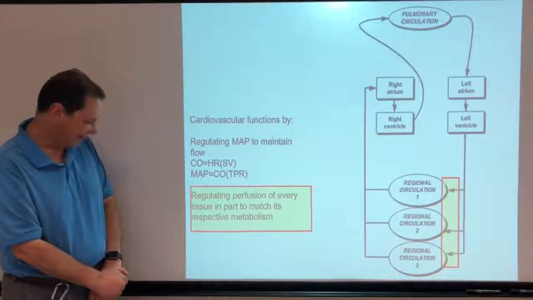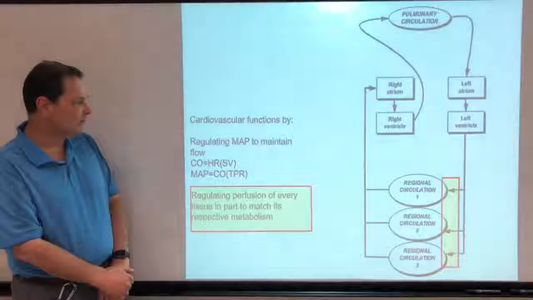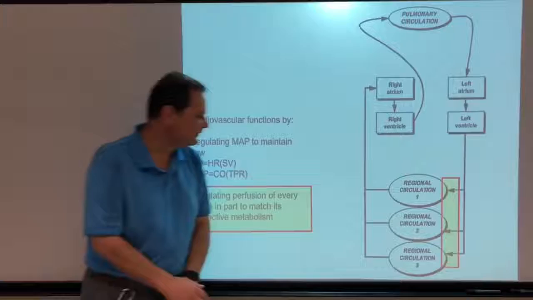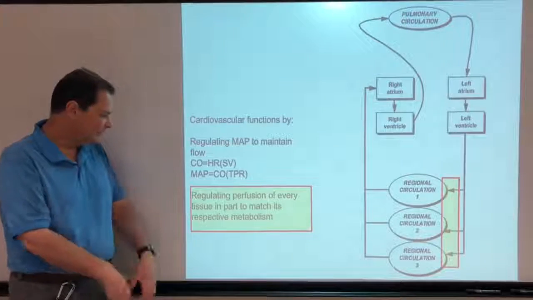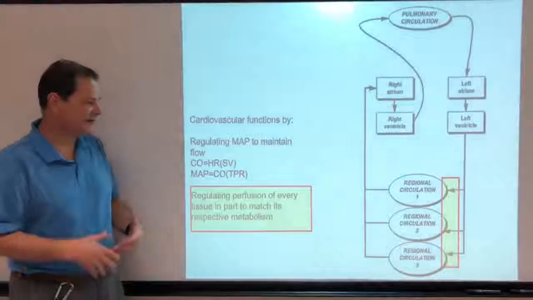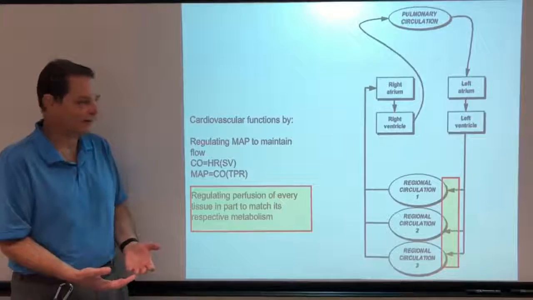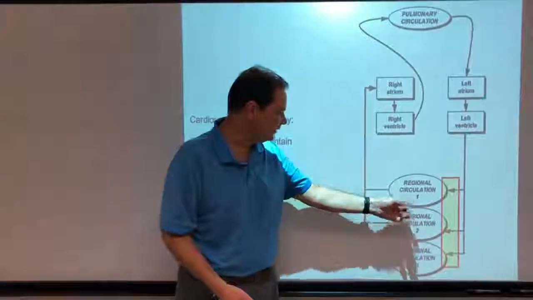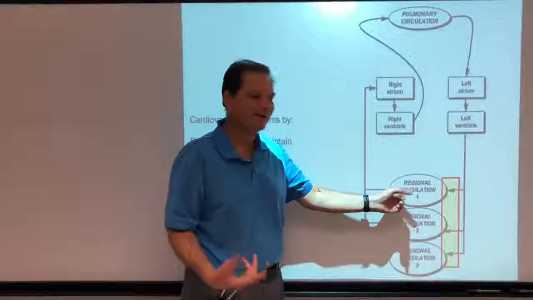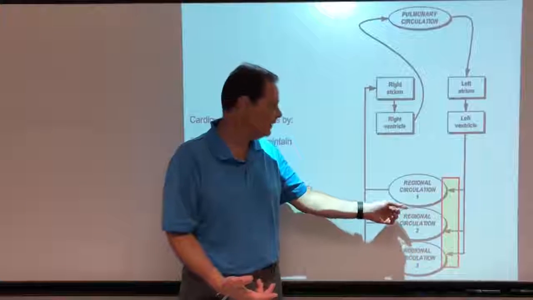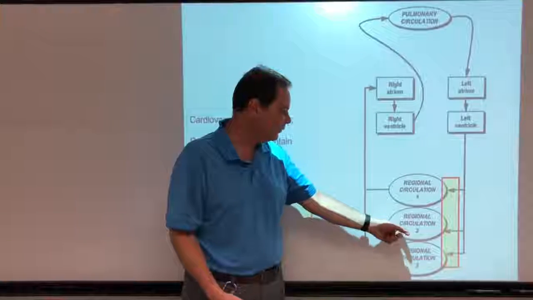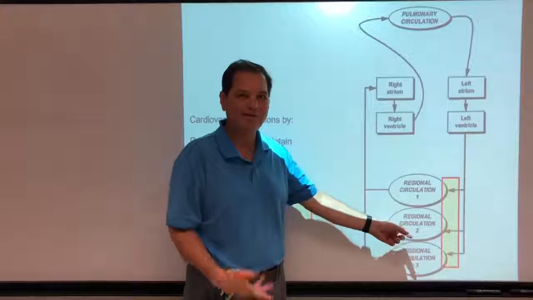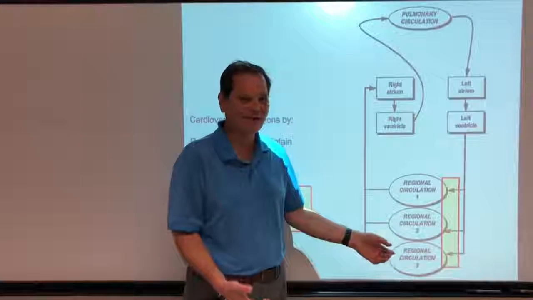In addition to that, you have flow to these regional beds that has to be regulated in order to match the respective metabolism in all the beds. So if regional circulation 1 is very active and needs a bunch of blood, it needs to be able to get it, whereas regional circulation 2, maybe it's not active, it doesn't need to get as much.